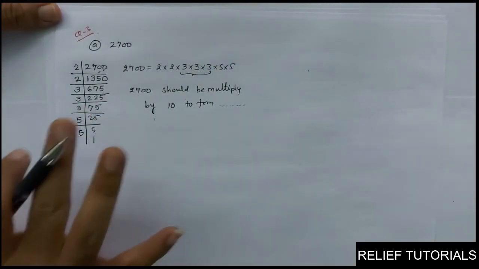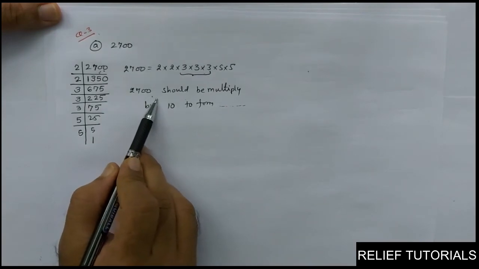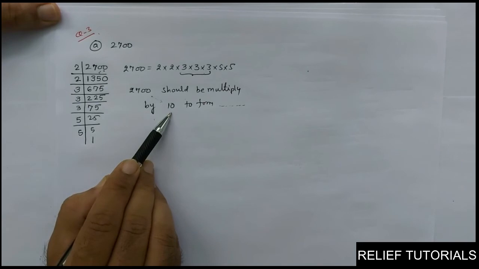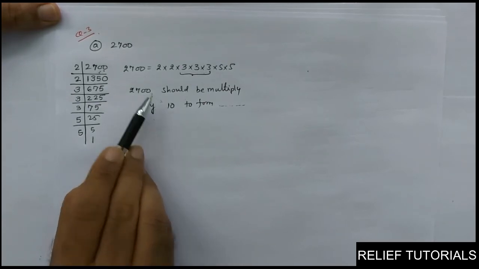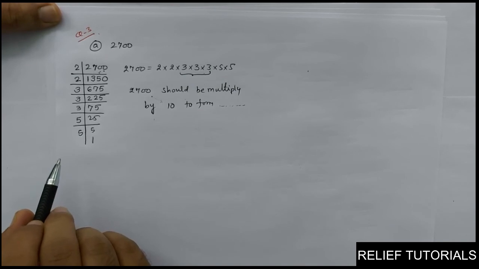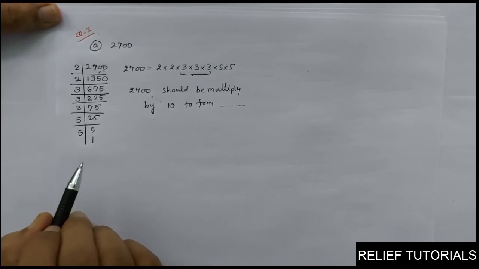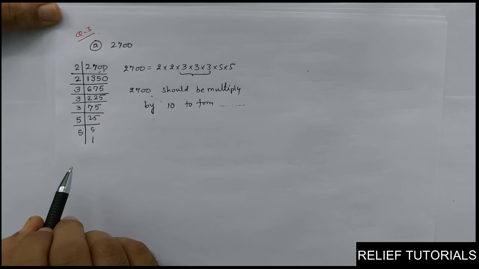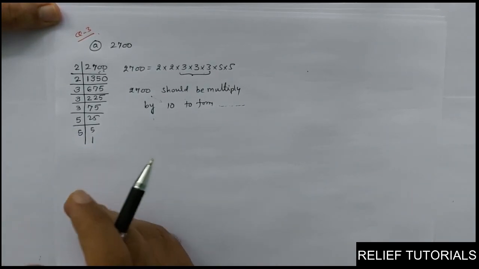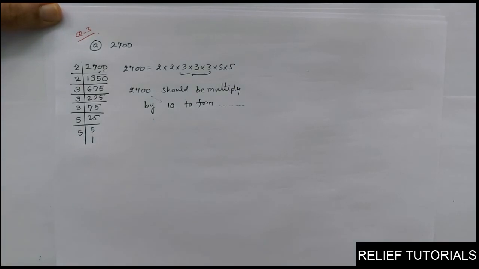We just have to give the suggestion that we have to multiply this number by 10. If you want to check by yourself, you multiply this number by 10, so it becomes 27,000, and it will be the cube of 30. But we should not do that because it is not asked that you have to find the product.